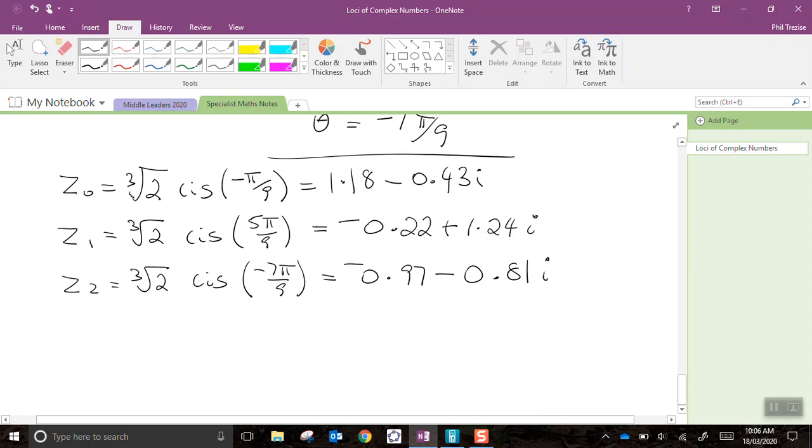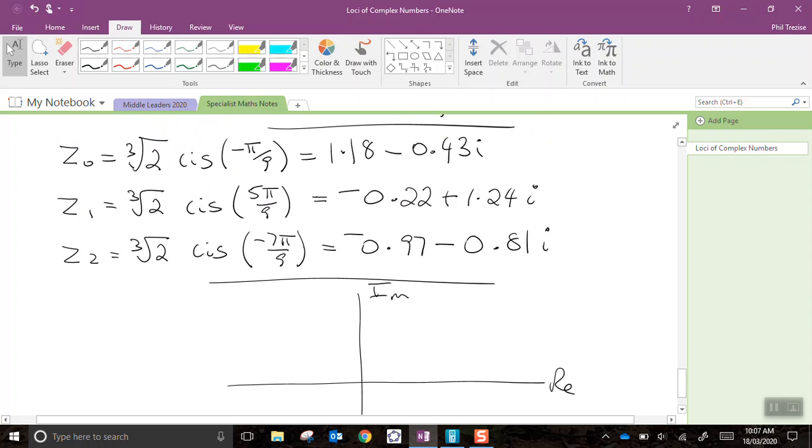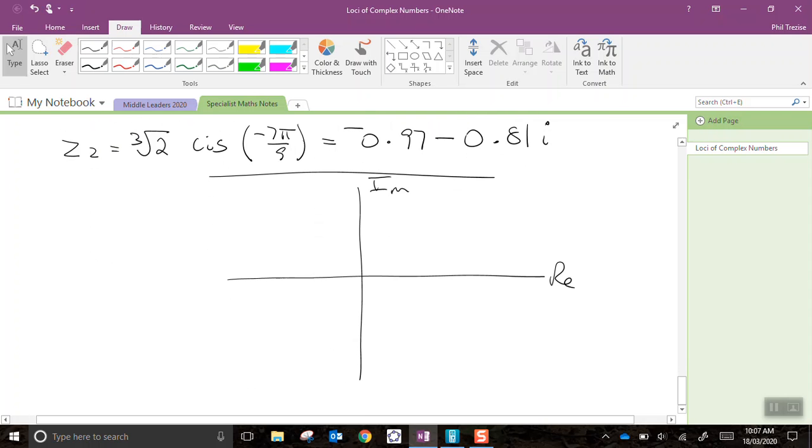And if you had to show them on an Argand diagram, we would draw ourselves a real and an imaginary axis. Now it's much easier to think in terms of the polar coordinates, not the rectangular coordinates. So our first one, they're all the same length, and our first one is at negative pi over 9. There's Z0 at a small angle there of negative pi over 9.